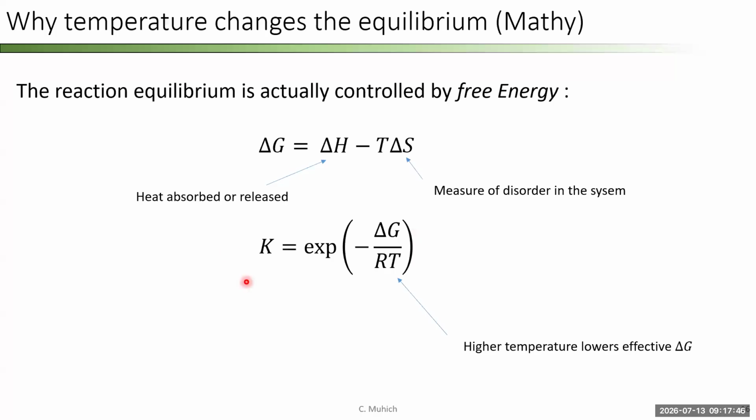I can directly relate this free energy term to our equilibrium constant by saying that K is equal to the exponential of negative delta G over RT, where R is the universal gas constant, which you can look up in the table. T is the temperature in Kelvin, not Celsius, and delta G is described up here. And these delta G's are often tabulated and you can look them up.